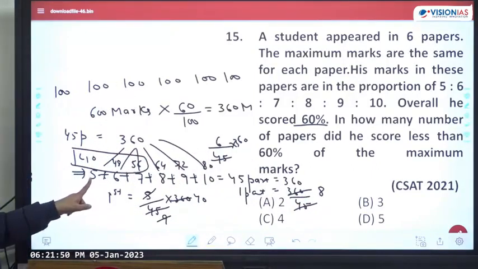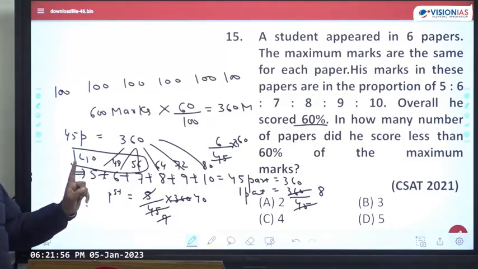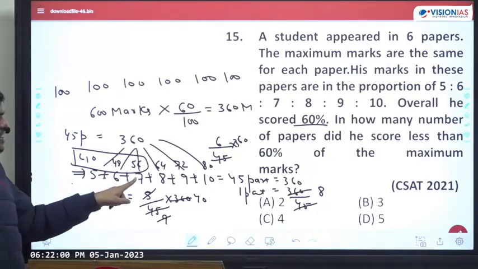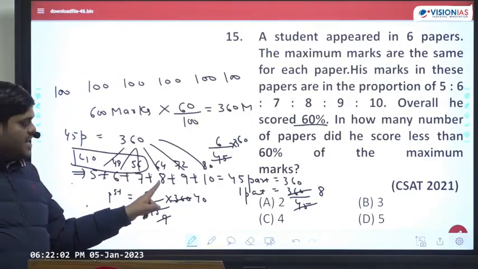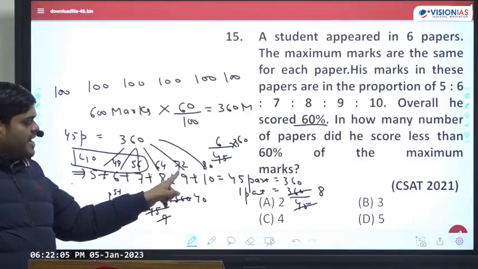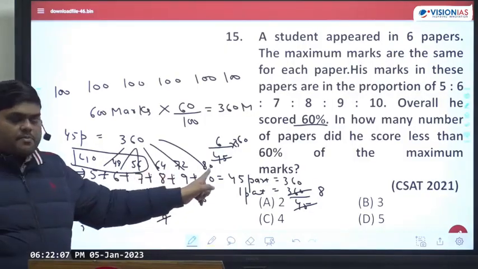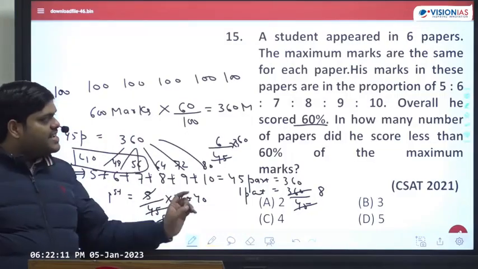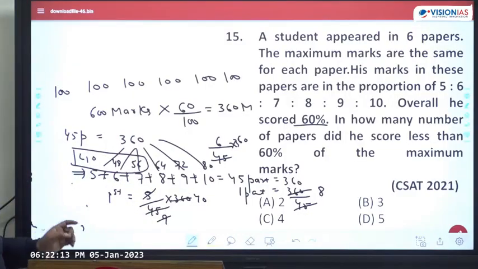That means in this paper he scored 40 marks, in this paper 48, because 1 part is 8: 5 parts will be 40, 6 parts 48, 7 parts 56, 8 parts 64, 9 parts 72, and 10 parts 80. In how many papers did he score less than 60% of maximum marks?